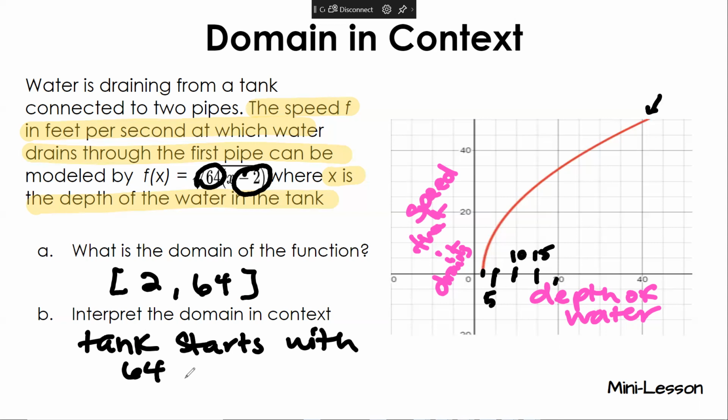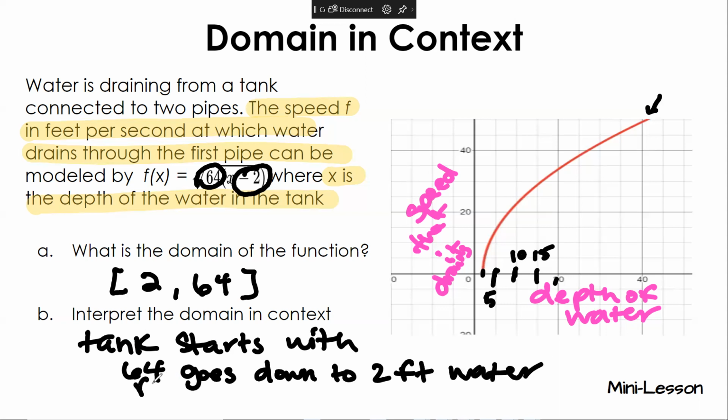We're dealing with gallons. It doesn't tell us what it's measured in. And goes down to 2 feet of water. They're emptying it, just draining.